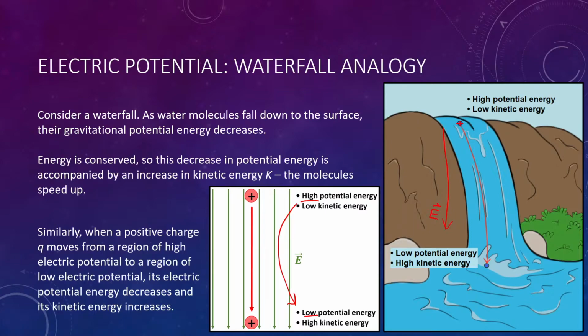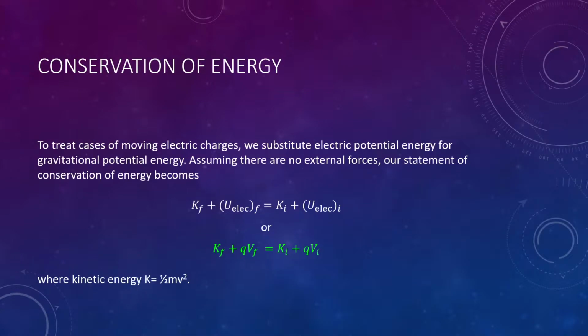Okay. Well, there is a way to mathematically describe this too, so we can prove all of this with equations. And so we'll do that. If you recall from Physics 1, we had a very large conservation of energy equation toward the end of the course. It looked something like the following.